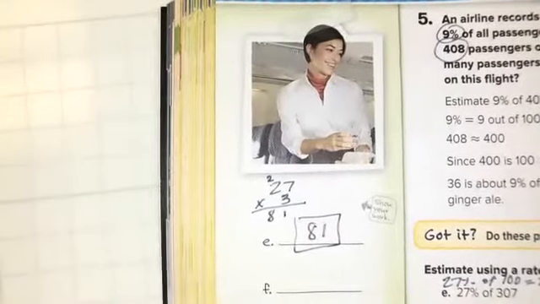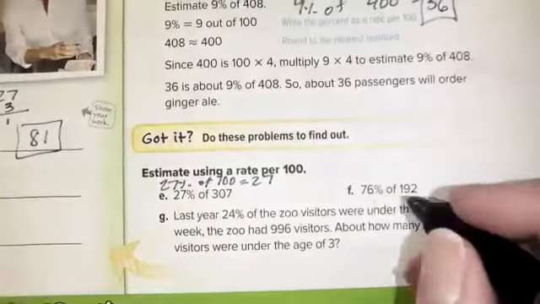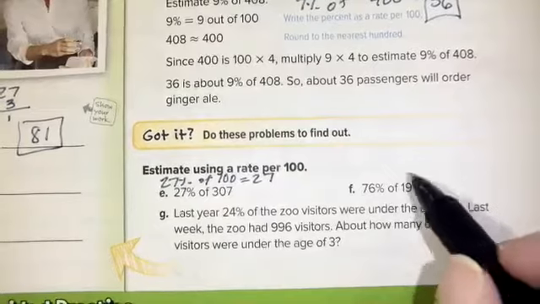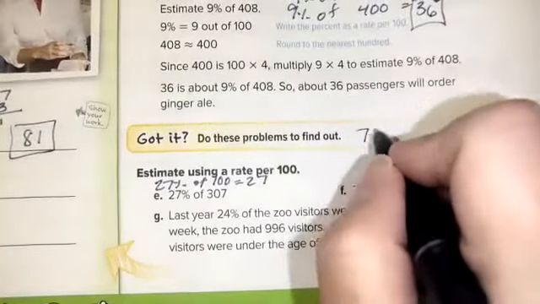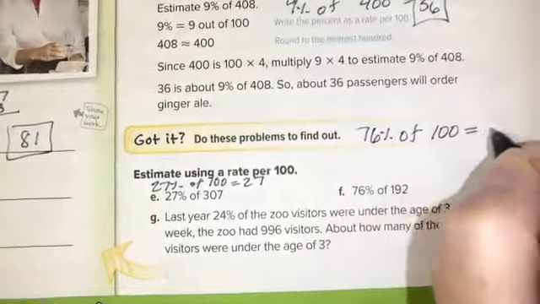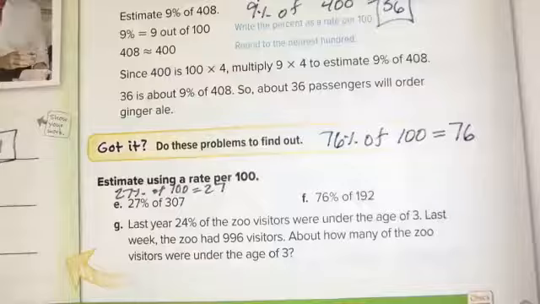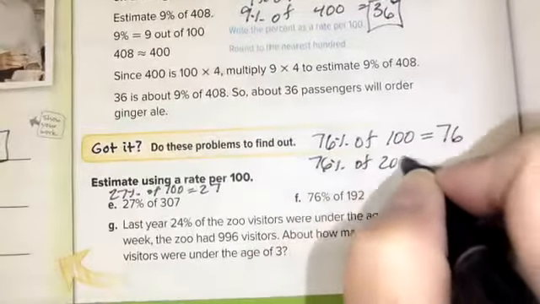Okay, let's look at letter F. 76% of 192. Okay, so 192 is very close to 200. So I can round that to 200. So I can say 76% of 100 is 76. So 76% of 200 would be double that.